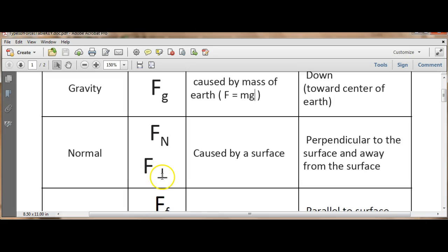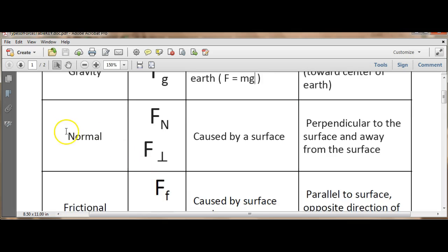Remember that from geometry. And this is caused by the surface, for example, the table, pushing up on the book. And it's perpendicular to the surface and away from the surface. So in the case of a table, it would be perpendicular to the table and facing up. And the word normal does refer to something that is perpendicular. That's why this can also be the symbol right here.